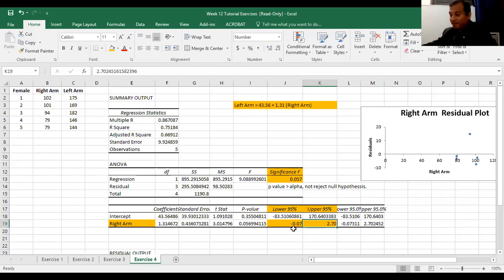I think I have covered exercise 3 and 4 in a nice way, and with lots of exercise, I believe your journey towards your final term exam will be easier. As I said, around 60 to 70% will be covered from week 8 to week 12, and maybe 20-25% will be from the initial units, and probably I will be covering those things in terms of MCQ, multiple choice questions.